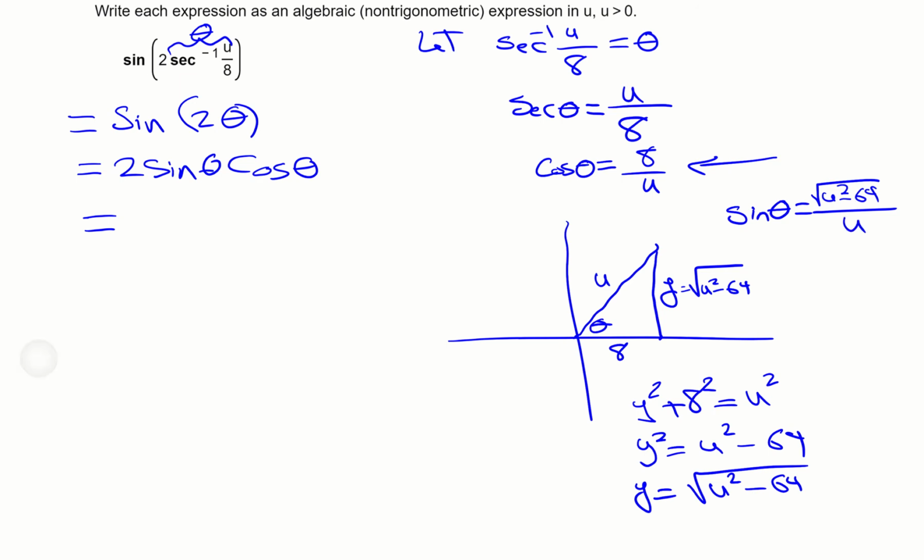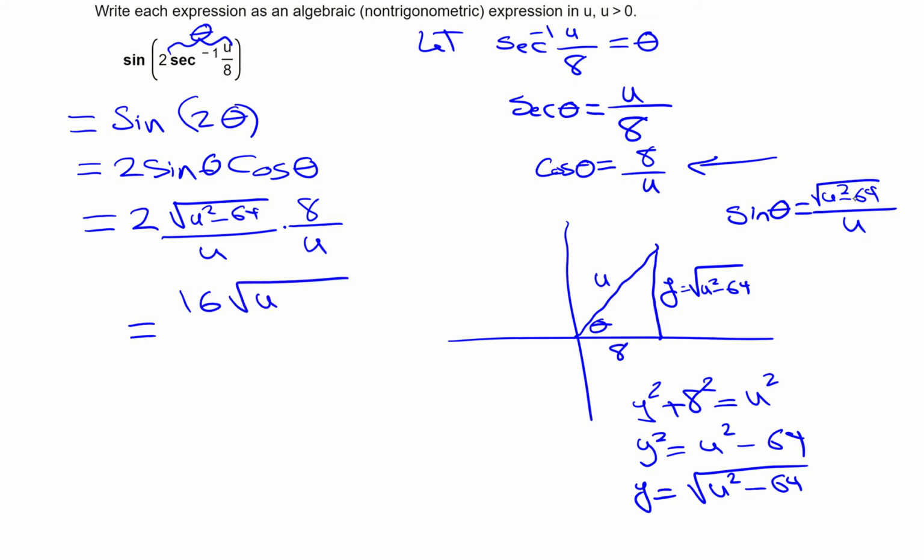So now we're going to get 2 times that expression, which is sine theta, times cosine theta, which is 8 over u. So we end up finally with 16 radical u squared minus 64 over u squared.